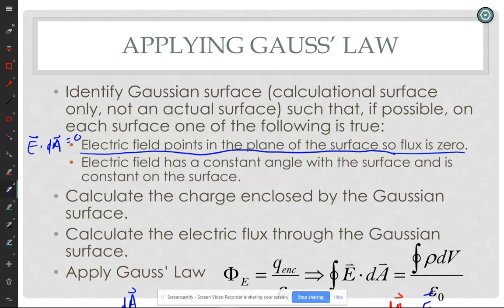But that's only going to be true if it's an infinite plane. But if you're close enough to the surface that the edges are 100 times farther out than you are from the surface, then for all intents and purposes, it is an infinite surface and it's applicable. So for capacitors, we put the plates so much closer together than their length that for most of it, we can treat it as if it's an infinite surface and you get that electric field.